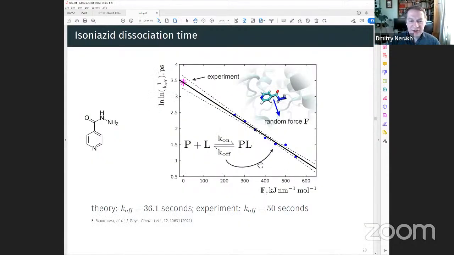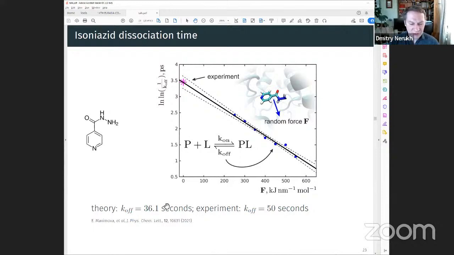What's interesting is that we have obtained a very good match with the experiment. The technique is a little bit more involved. It involves several simulations, actually many simulations, with different values of an artificial random force applied. So if you plot these dissociation times against the random force, you can extrapolate to zero random force, which corresponds to the experiment.